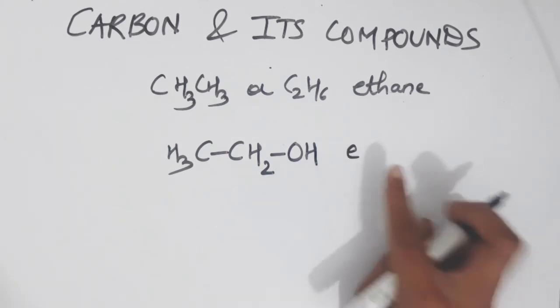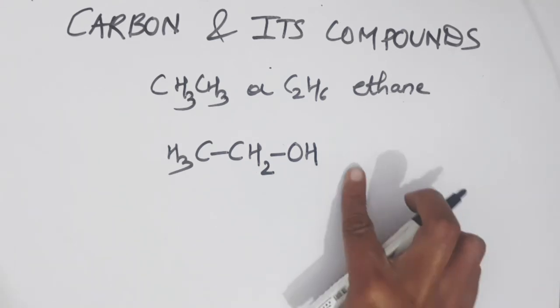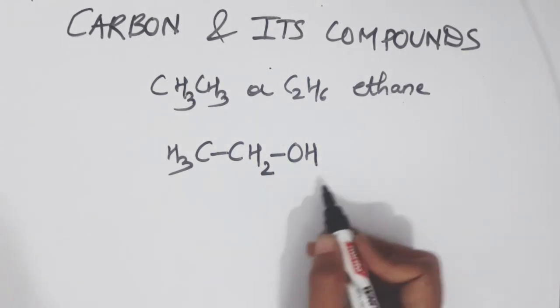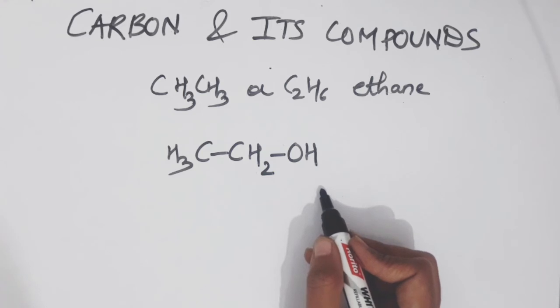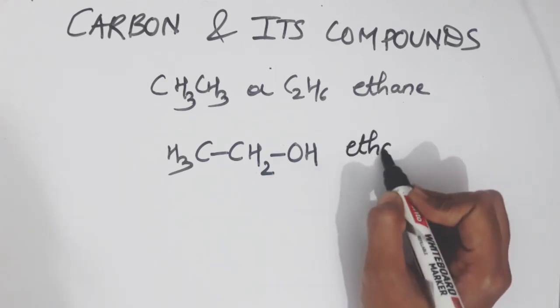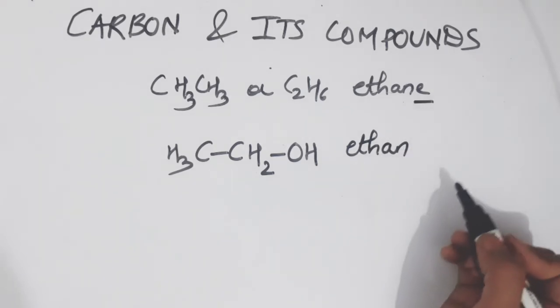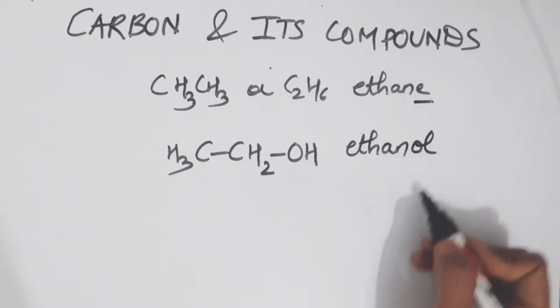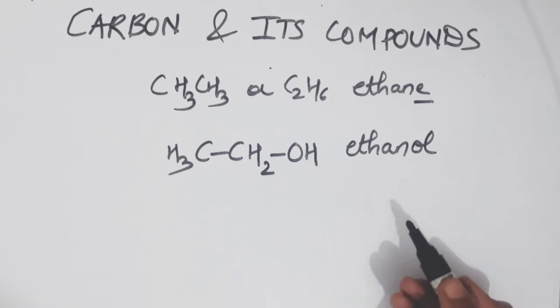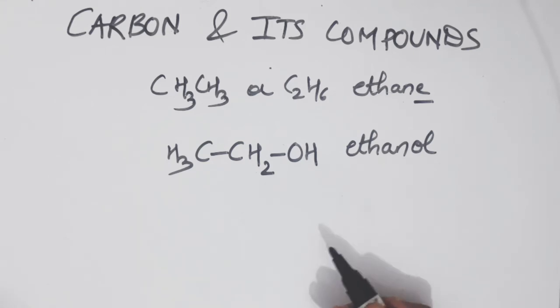So how do you write this name? When you replace one hydrogen atom by an alcohol group, then it is known as ethanol. So ethane is the same, you have to remove the e and add ol. So this is named ethanol. If you have 3 carbon atoms, then it is known as propanol. For 4, it is known as butanol.